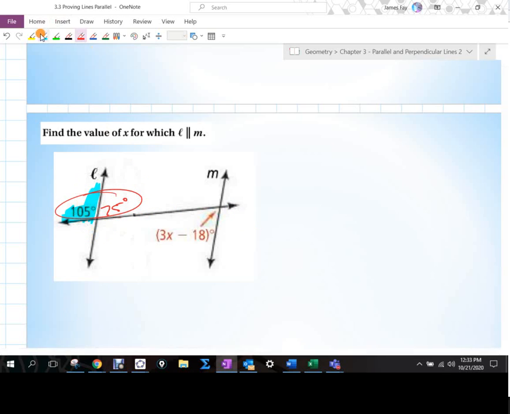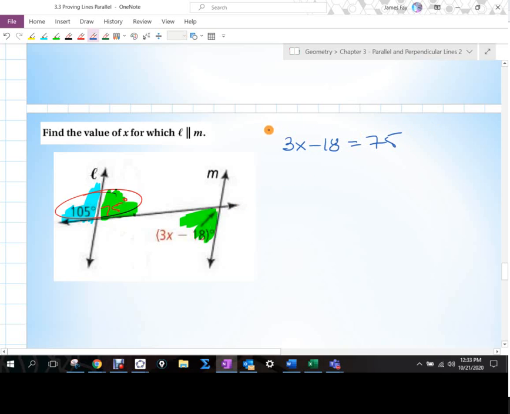Okay. So now, if we're trying to make L and M parallel, what would you need to know about that angle there in comparison to that angle there? They're alternate interior, so for the lines to be parallel, alternate interior angles have to be congruent. So here I would say 3x minus 18 equals 75.